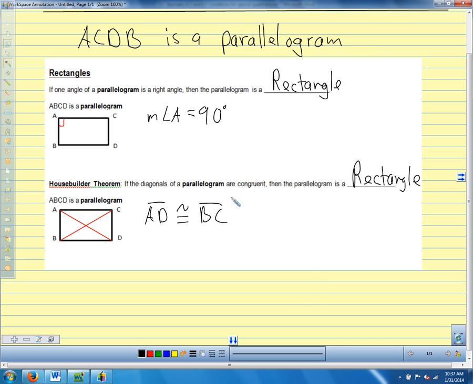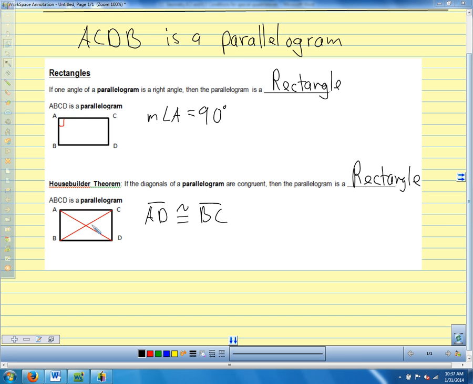And the reason that it is called the house builder theorem is that people for a long time, they found evidence in ancient cultures and indigenous cultures now will use when they're building a foundation for a building. They'll start with the opposite sides being congruent. So they cut their foundation, whatever it is, a piece of wood or some stone, and they make sure that they're the same length.